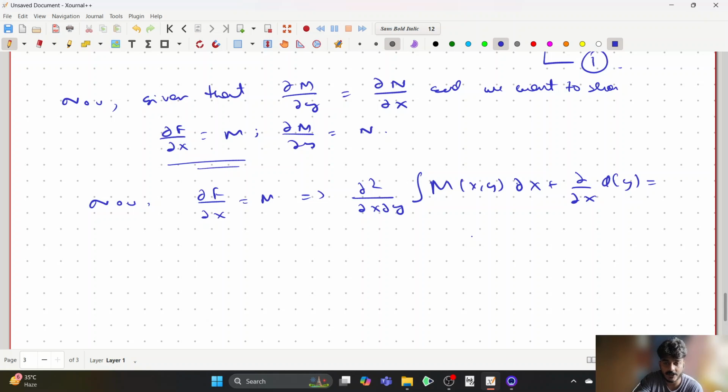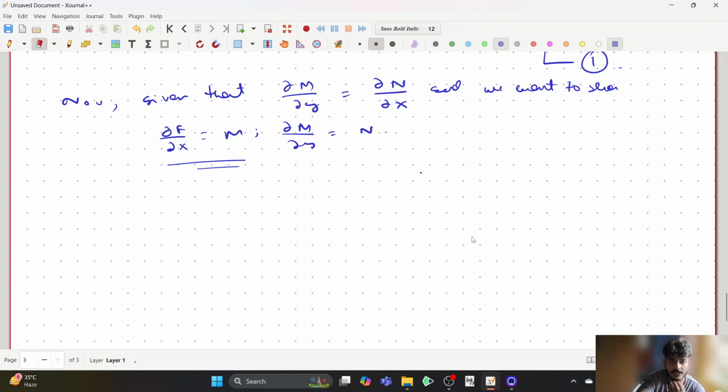So I'm differentiating f with respect to x, and this is equal to m, right? Because we have structured f to be of this form. So what do we conclude from here? No, this is not equal to m immediately. Okay, wait a minute.